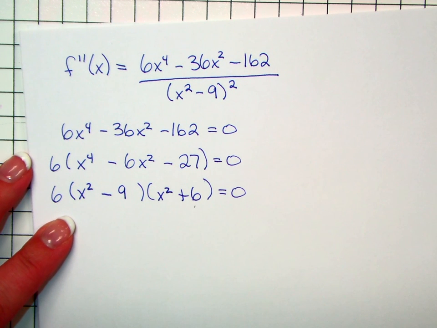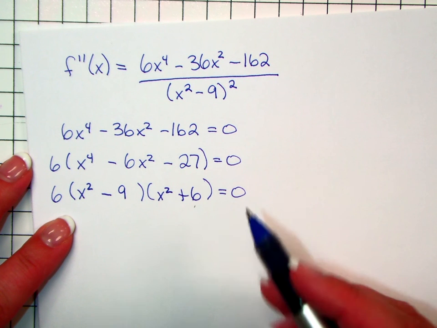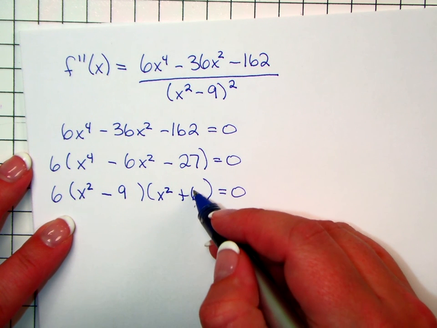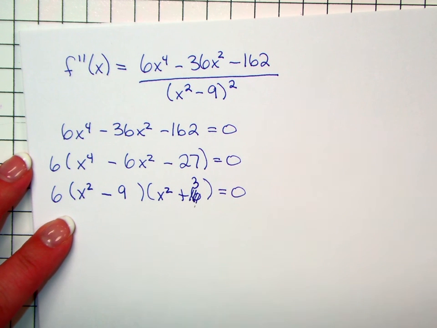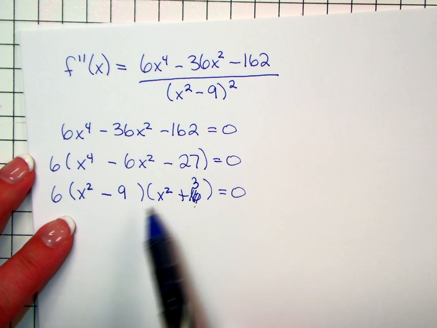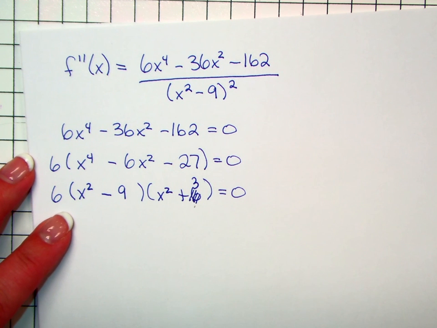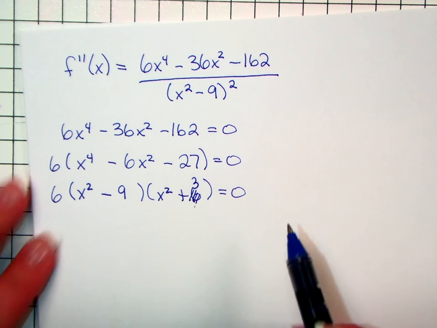All right. Nope, not positive 6. How about positive 3? Now that works out. So negative 9x squared plus 3x squared, and then the minus 27.